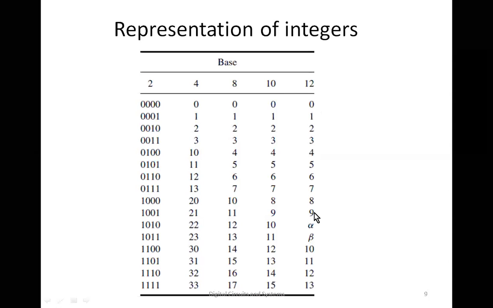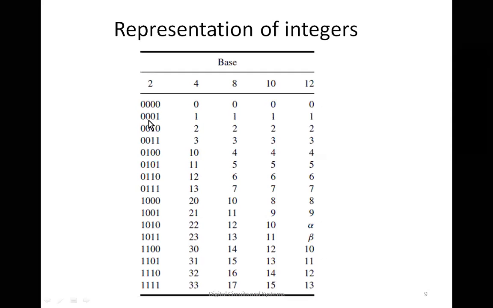After 9 we use alpha, then beta, and then 10, because we have used all the symbols in this base 12 system. So these are the symbols used in base 12. This is an example system; we don't use such a system. Then 10, 11, 12, 13, and so on.